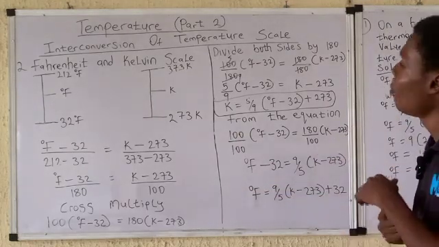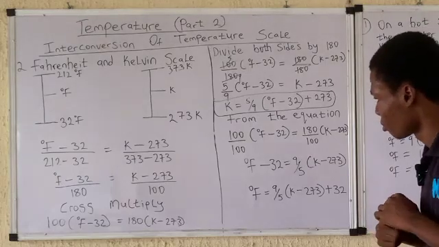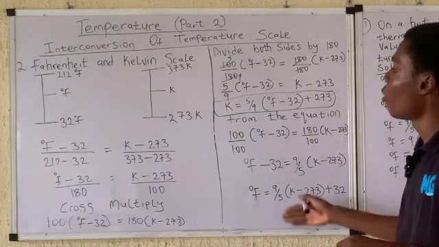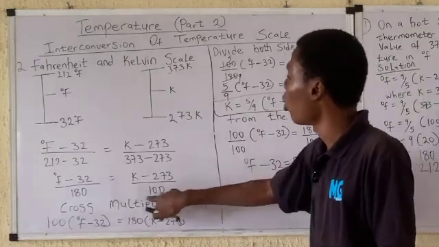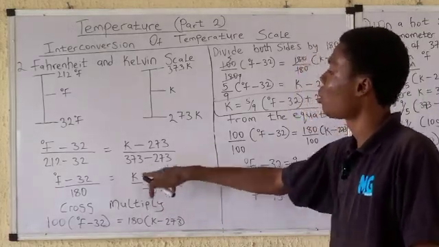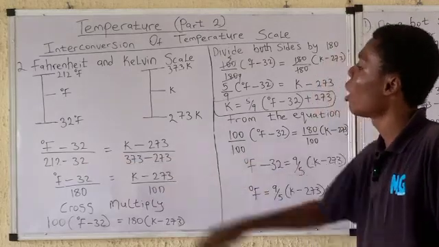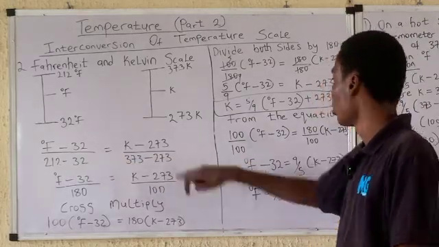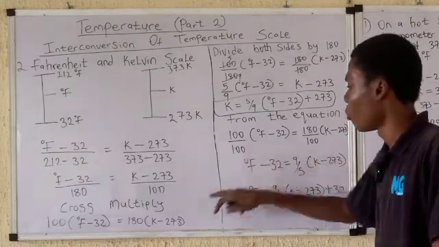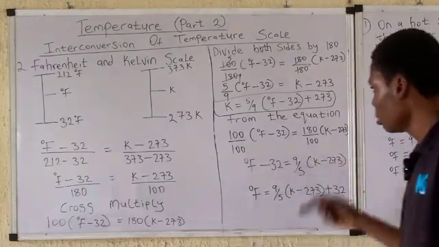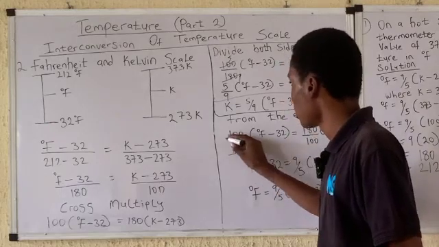So we divide both sides by 100 because we are converting from Kelvin to Fahrenheit. Now we remember, we got 100 when we subtract the lower fixed point from the higher fixed point, we got 100 for Kelvin. So we use the 100 to divide both sides here from the equation. Now dividing both sides, 100 cancel 100.